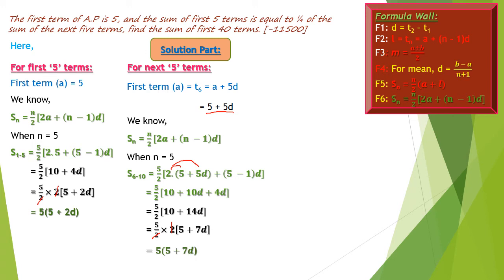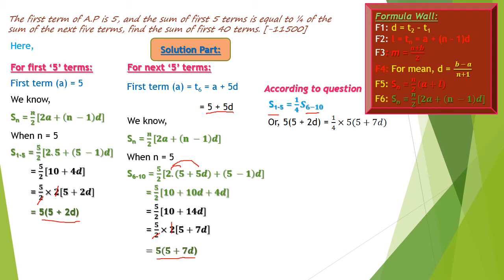Now we can use our condition according to the question, as we have already discussed. You can see the condition on your screen right now: S 1 to 5 is equal to 1 by 4 S 6 to 10. Now we have the value of S 1 to 5 also, and we have the value of S 6 to 10 also. S 1 to 5 is 5 bracket 5 plus 2d, equal to 1 by 4 into 5 bracket 5 plus 7d. We can cancel 5 and do cross multiplication.